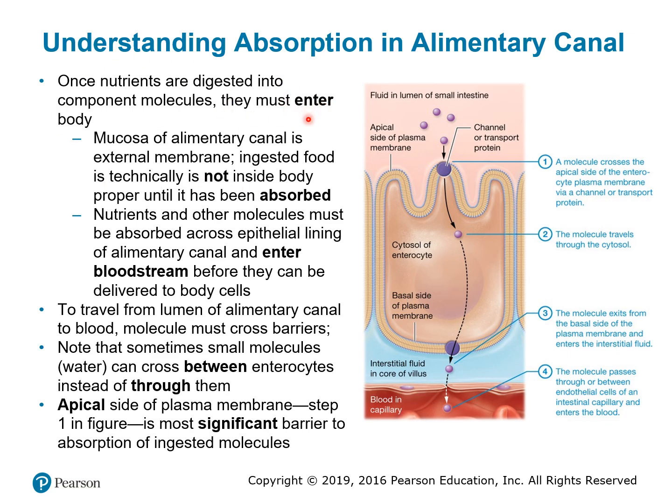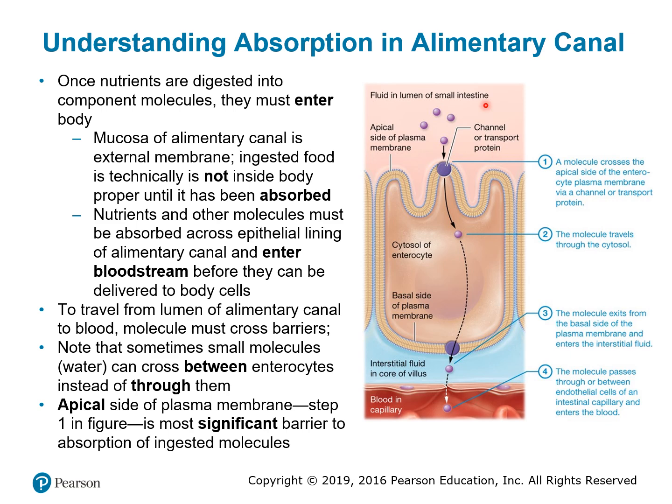The mucosa of the alimentary canal is considered an external membrane. And ingested food is technically not in the body yet until it has been absorbed by the blood vessels. Okay. Nutrients and other molecules must be absorbed across the epithelial lining of the alimentary canal. After that, they enter the blood system, and then they can be delivered to whatever cell of the body needs those nutrients.